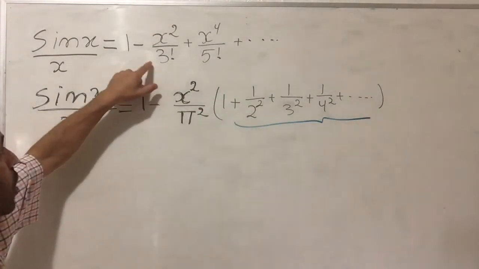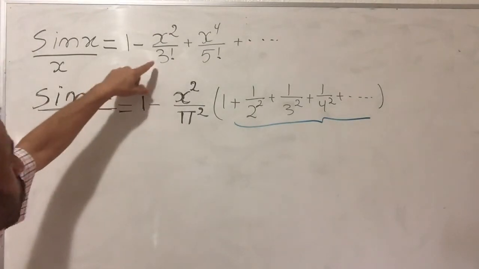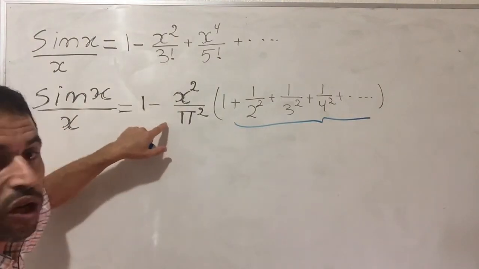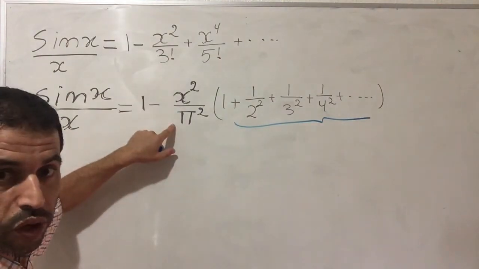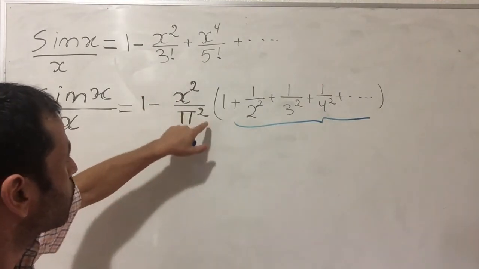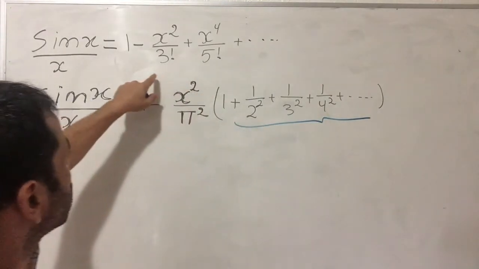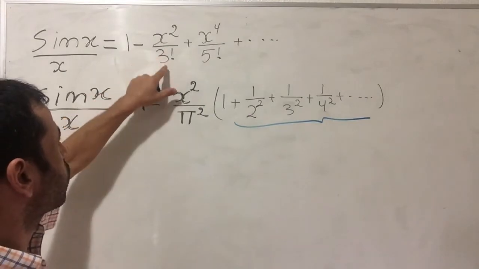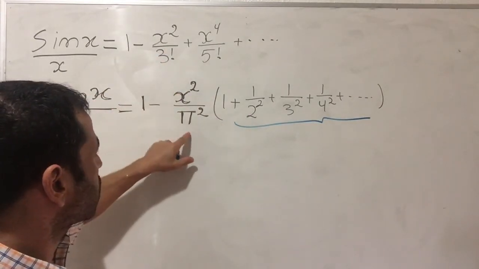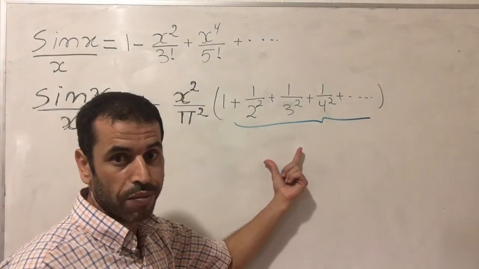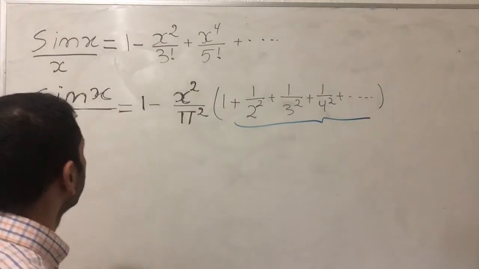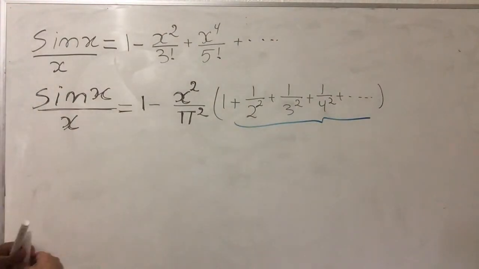If you take a look at the first equation, you will see minus x squared over 3 factorial. If you take a look at the underneath equation, you will see minus x squared over pi squared multiplied by this sum. So this means minus 1 over 3 factorial equal to minus 1 over pi squared multiplied by this sum, by matching the terms.